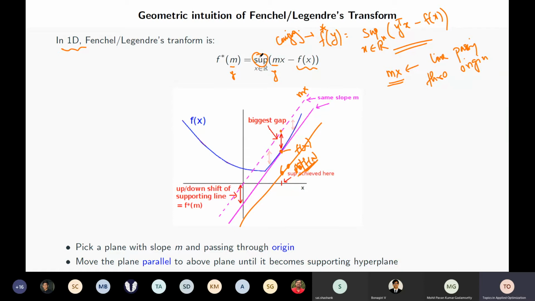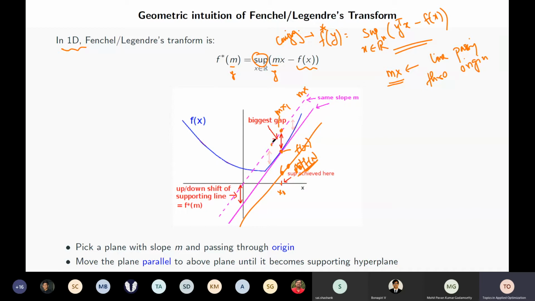In other words, for the supremum, how far can you go from mx for the given x? Let us say this is some x1. At x1, I have mx1, and how far can I go? For varying x, I keep doing this.